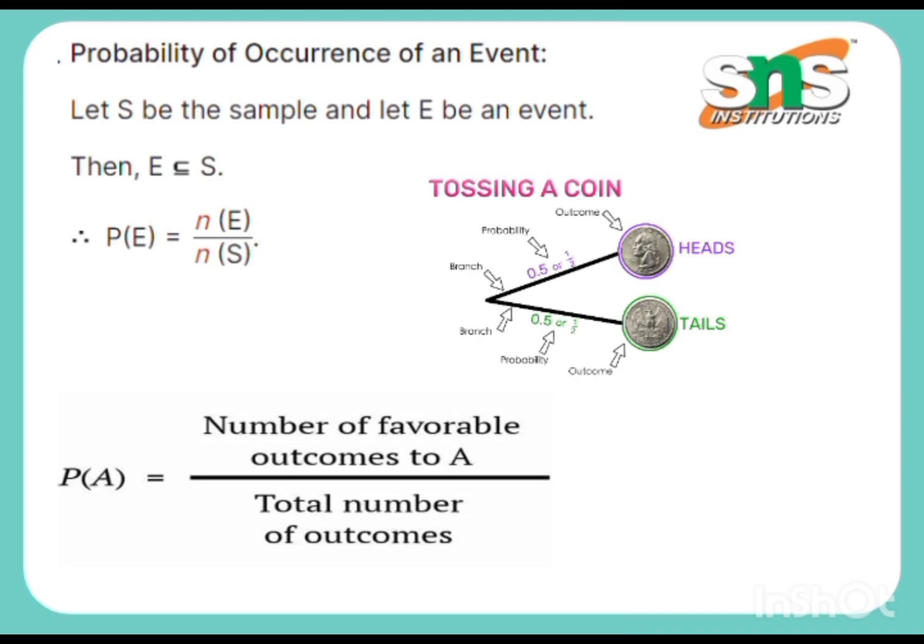Two outcomes you are going to get, so it will be equal to 1 by 2. When you roll a dice, the probability of getting an even number: even numbers are 2, 4 and 6 in rolling a dice, so that will be 3 by 6. This is how the probability of an event is explained.